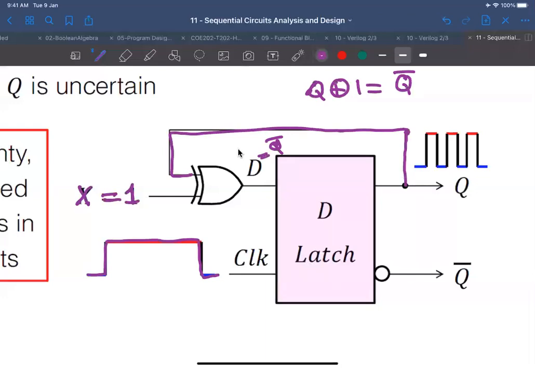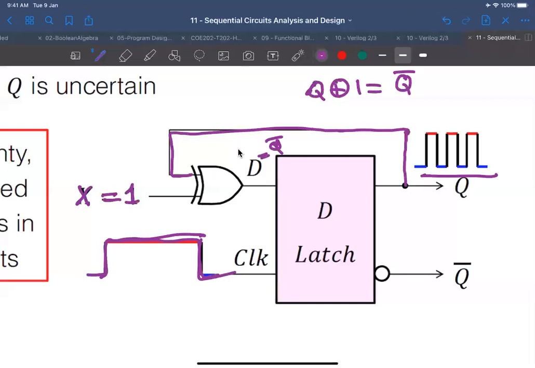So each time the clock is high, I will keep complementing Q. Do you see that? I want you to see that, guys.